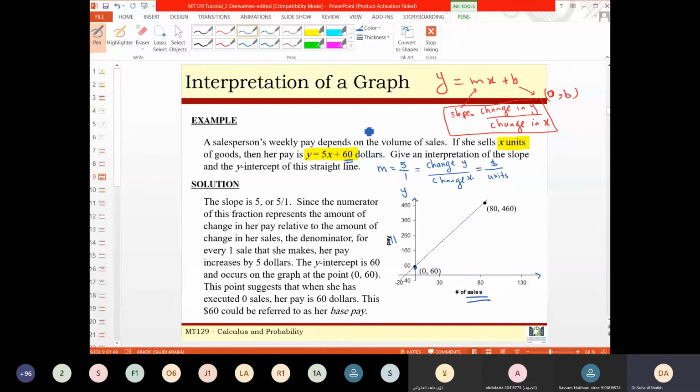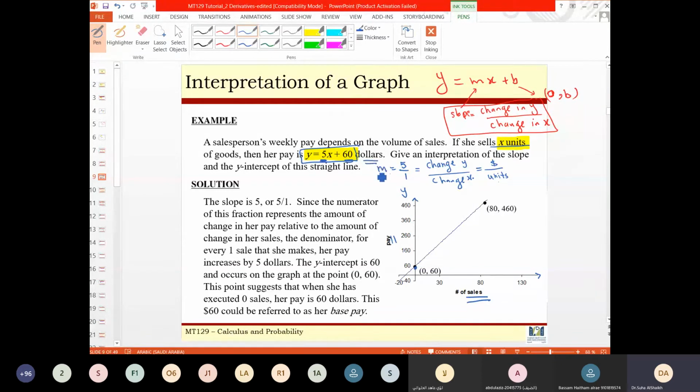Again, have a look at the equation and pull out the slope m. The slope is 5, which is 5 over 1. And I know that the slope is the change in y over the change in x. I read the question again. What's the x? It's the units she's selling. And what's the y?